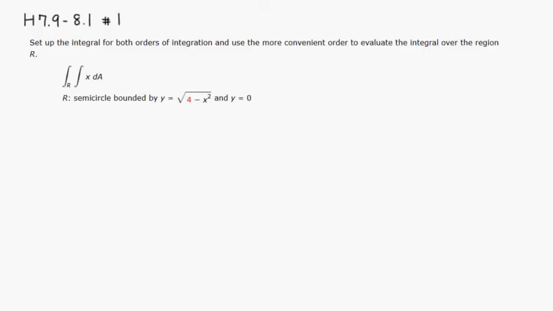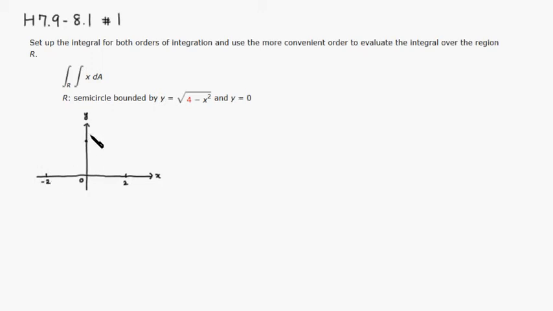First we want to sketch the region. That's going to be a semicircle. Here's the x-axis, and here's the y-axis right in the middle. Since this is 4, which is the radius squared, the radius is 2. So it's going to go through positive 2 here, and on the other side, negative 2.